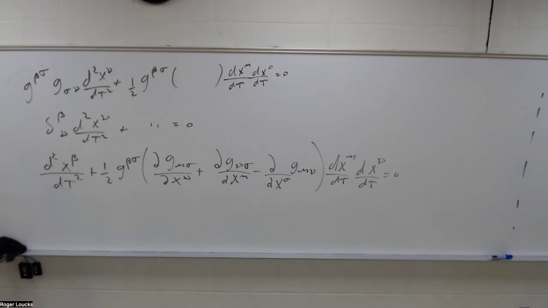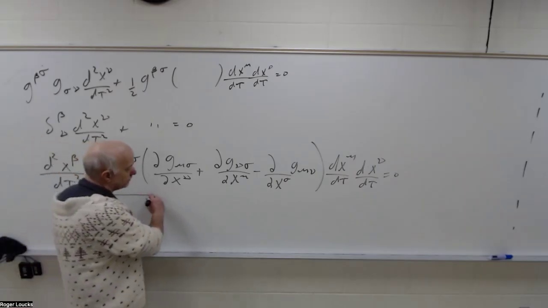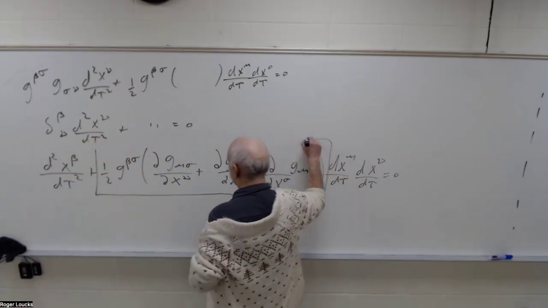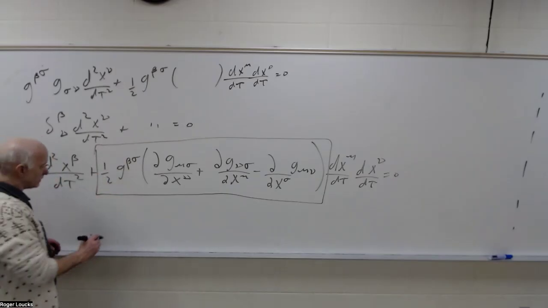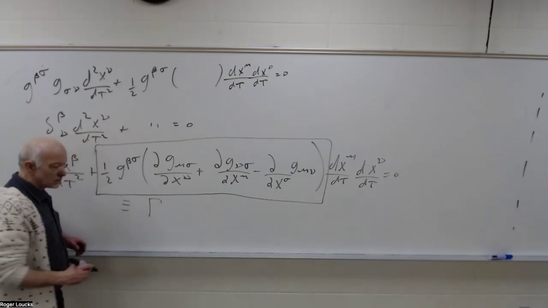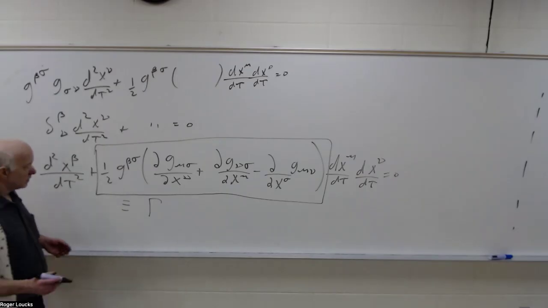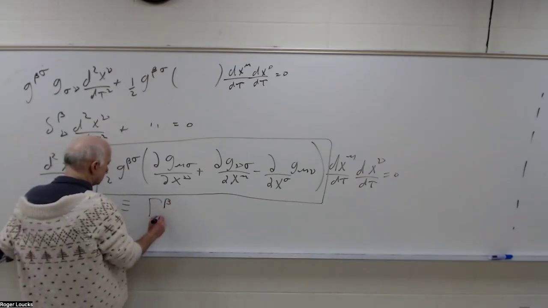That is one of the most famous equations in general relativity. And recall this whole thing here, that whole thing here, is by definition the Christoffel symbol, gamma beta mu nu.